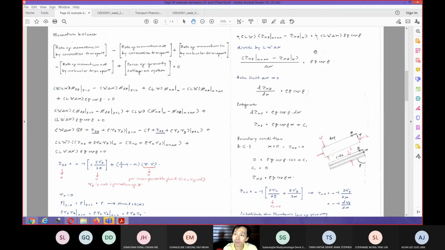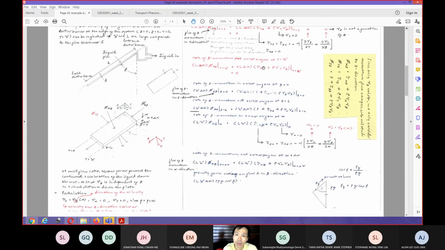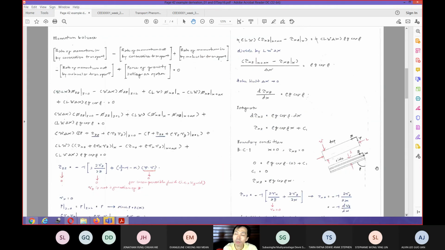So the momentum transport is basically transferred along this x direction. Your momentum is in the z direction because the velocity is in the z direction, but your momentum transport is in this x direction. So this is consistent with the picture of your system, right? So that is very important.